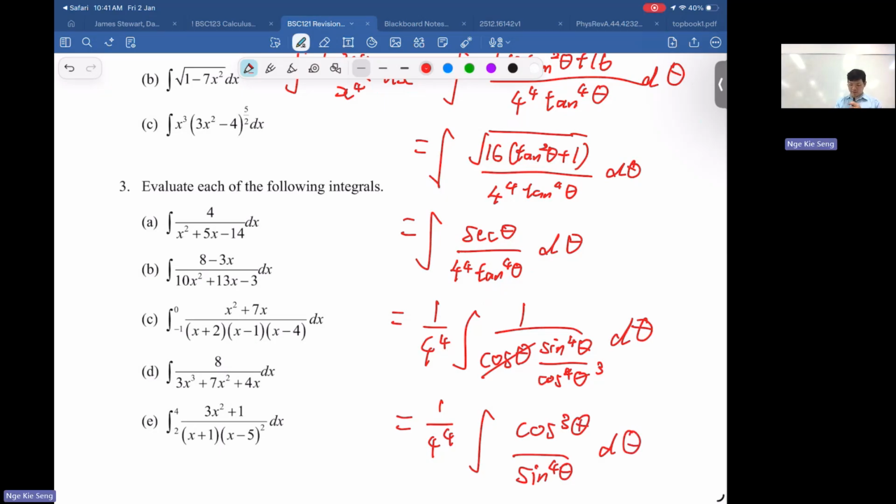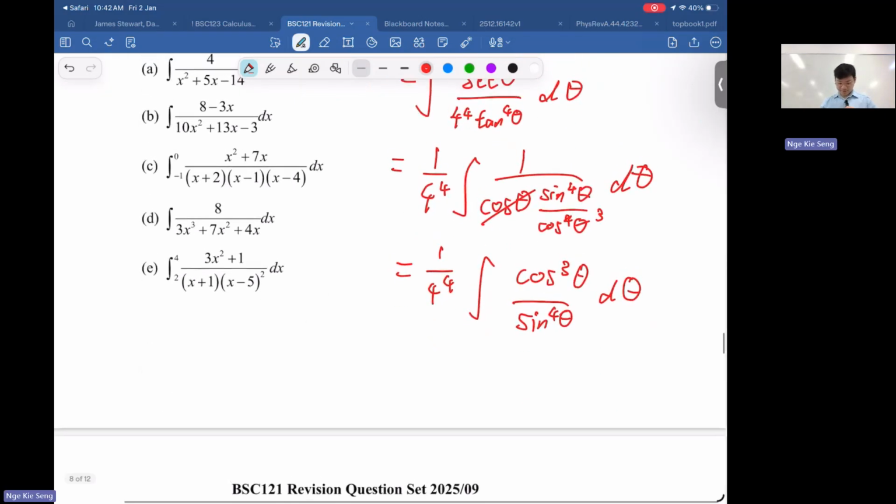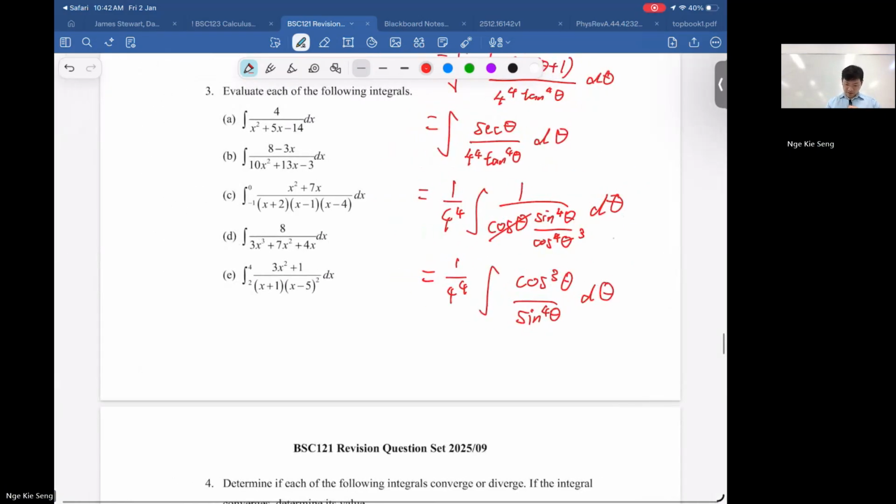And then what can we do with this? Substitution. You mean u equals sine theta, and then du equals cos theta d theta.